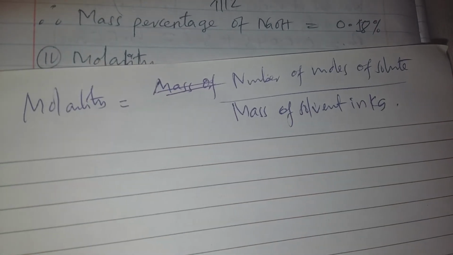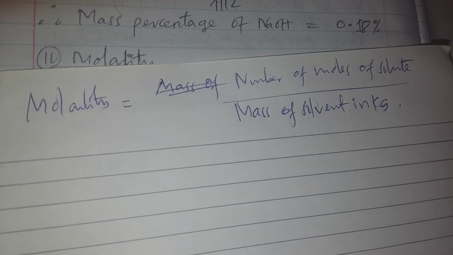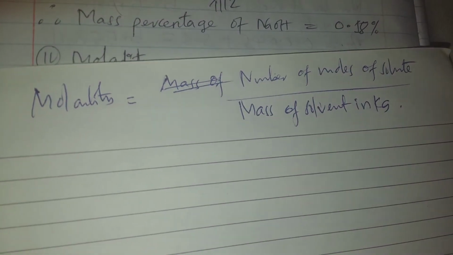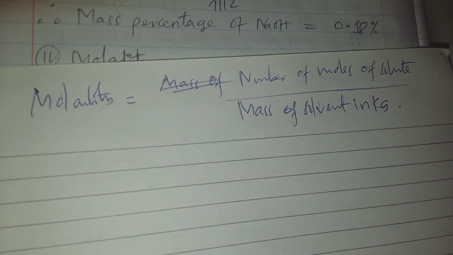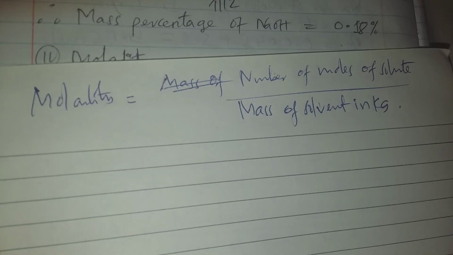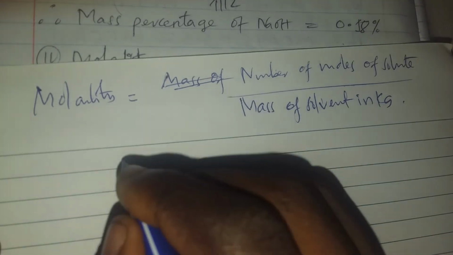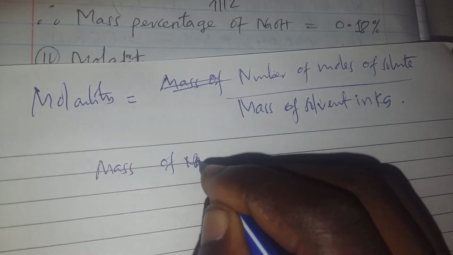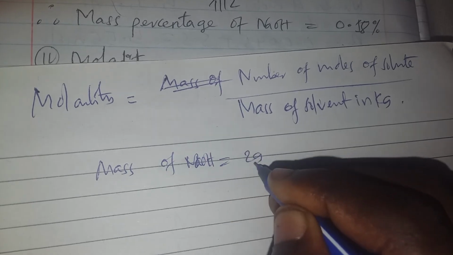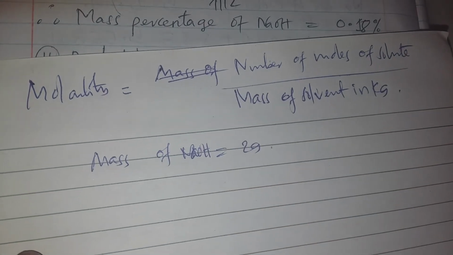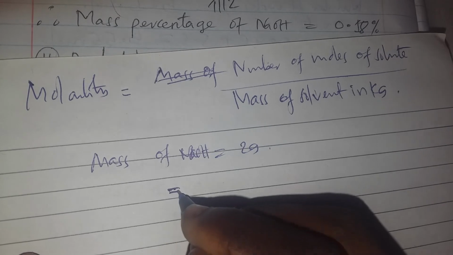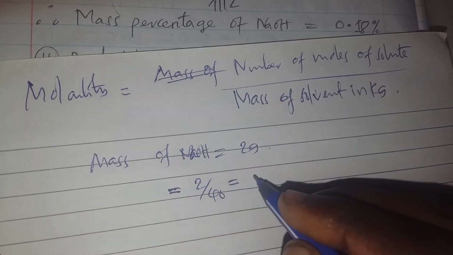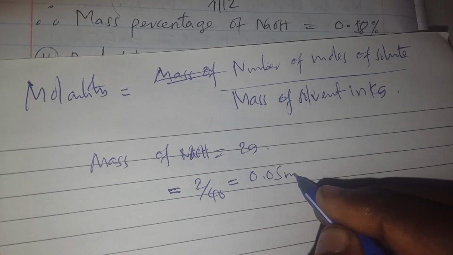So from there, remember we were given the molarity. From the mass concentration we got the mass. If you remember it was 2 grams. So mass of sodium hydroxide is equal to 2 grams. If it is 2 grams, it means at the end of the day the number of moles will be 2 divided by 40. We get 0.05 mole.